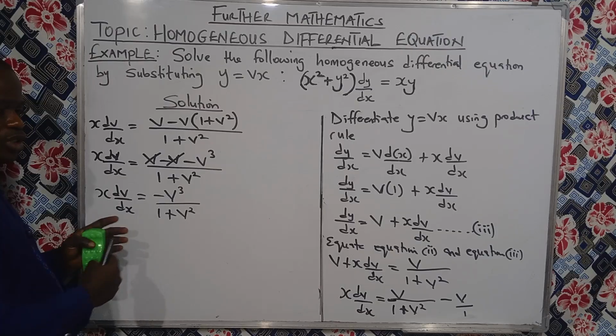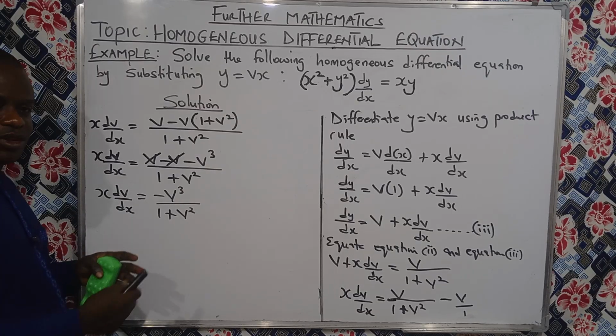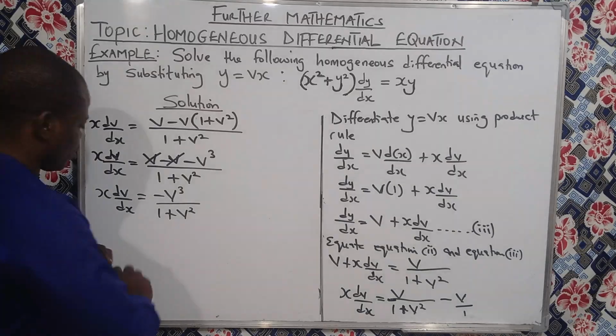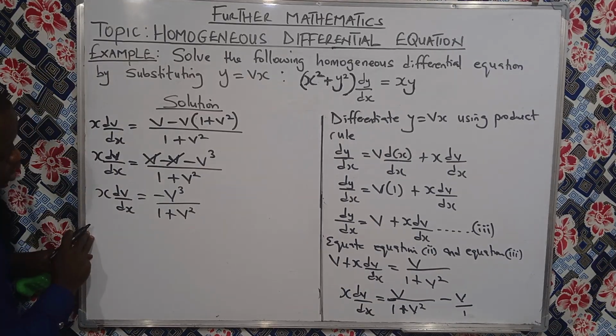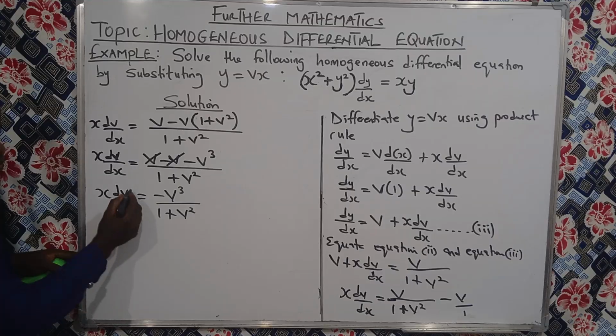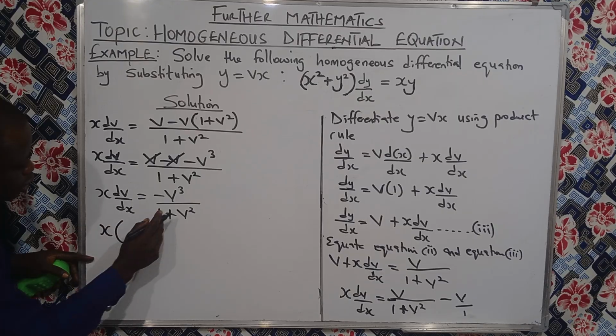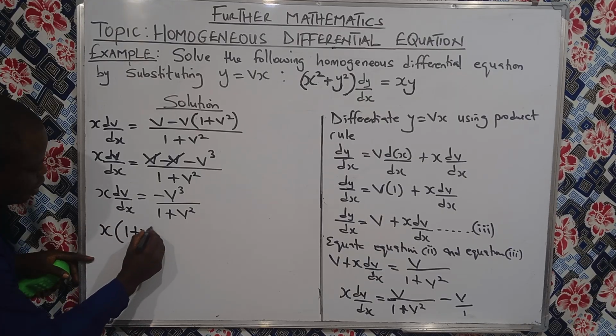By the time we do that, it will be very easy for us to integrate in terms of dv and dx. Okay, now let's see what I want to do. I want to cross multiply. You cross multiply like this. Now you have x. You can see the x. I'm now putting this 1 plus v squared.